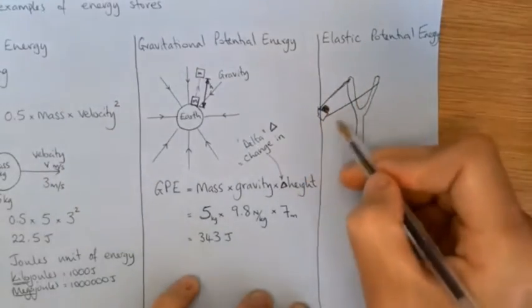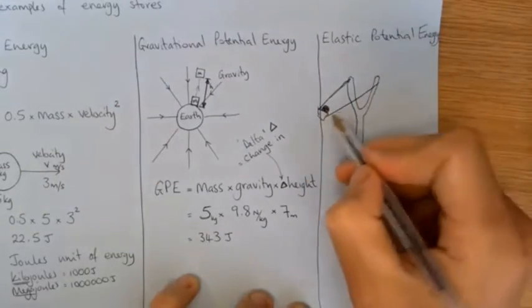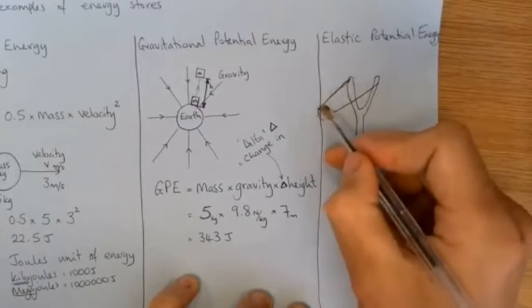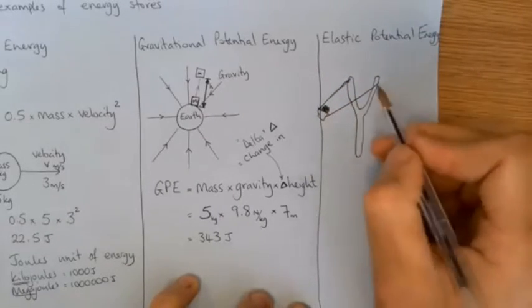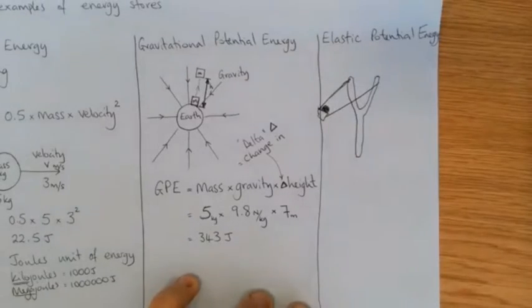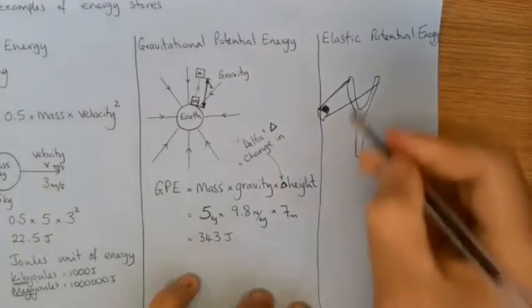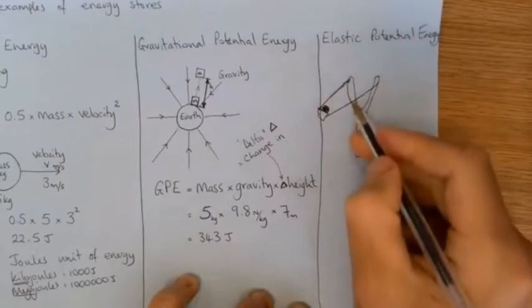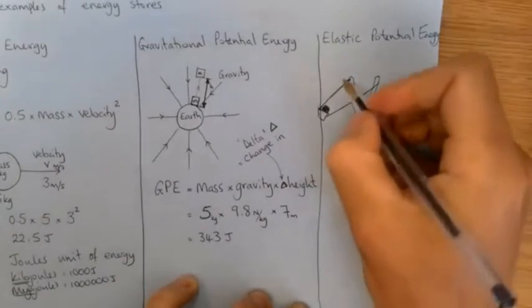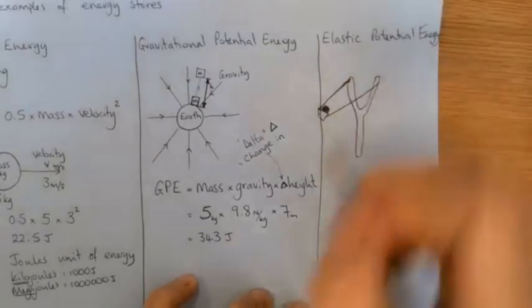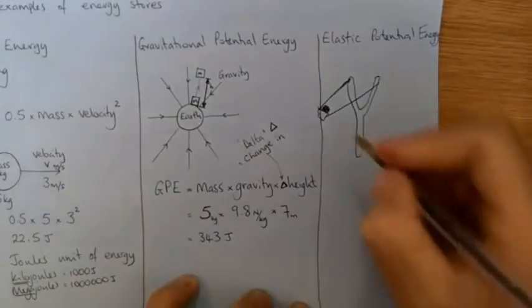At the point before you release, there is energy stored in the elastic or spring. I'm using the elastic to try and get the link for you, but this works in anything that springs back to its original shape once it's released.